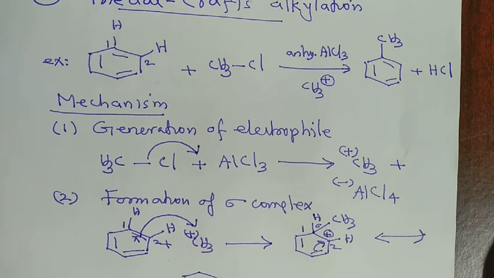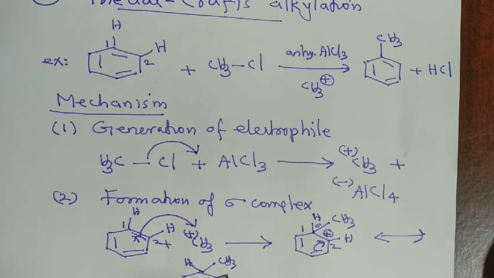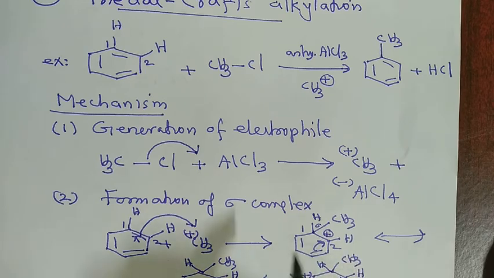2 more resonating structures can be drawn. Shifting of a pi electron changes the position of a positive charge in the ring.